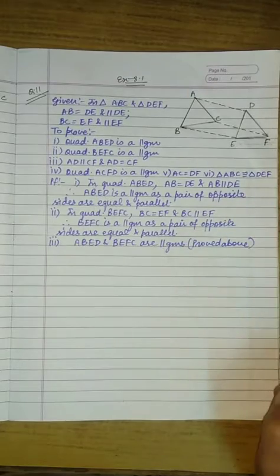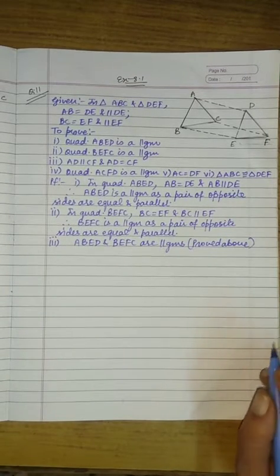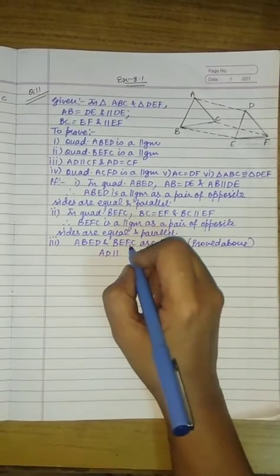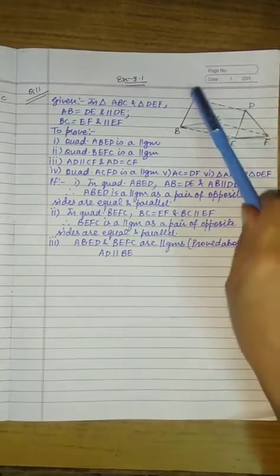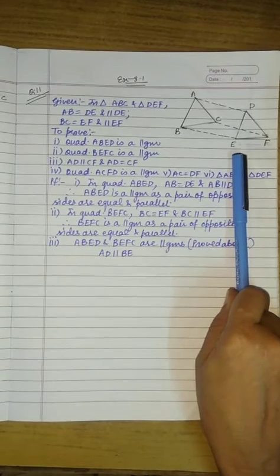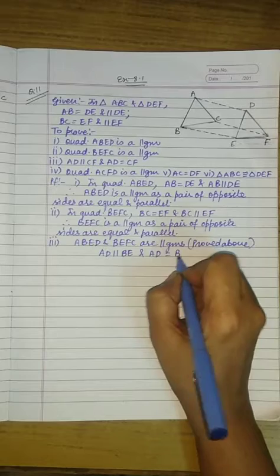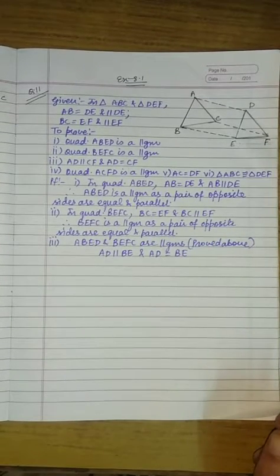So AD is parallel to BE, and also AD is equal to BE. These are the opposite sides of these parallelograms.